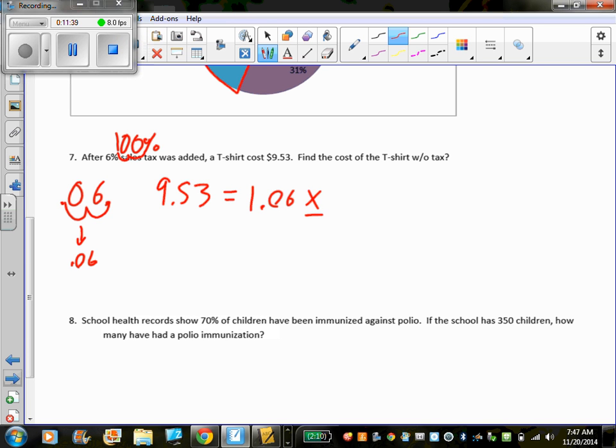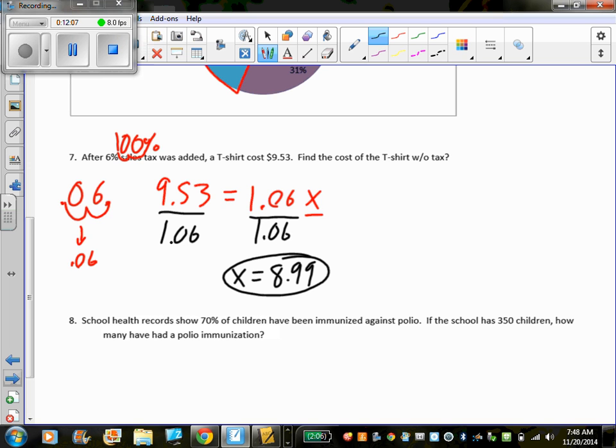So we're going to add that 1 on to our 0.06, and that's the cost of the shirt with the tax. 1.06 times the original amount. So to get x by itself, we divide by 1.06. 9.53 divided by 1.06. We find out that the original cost of the shirt was $8.99.